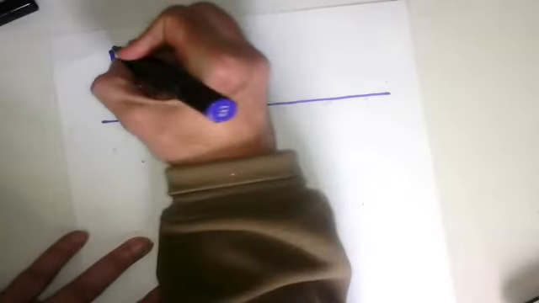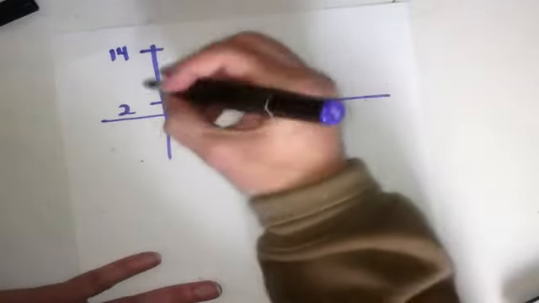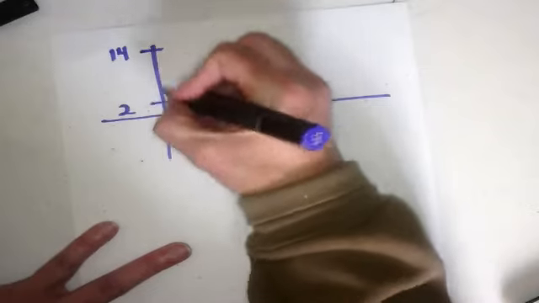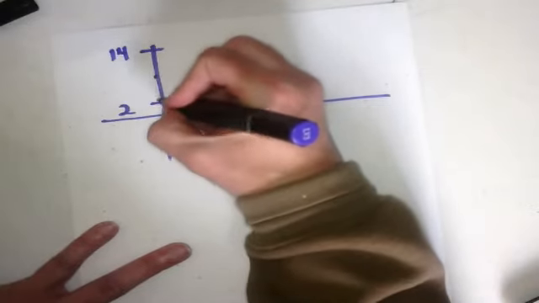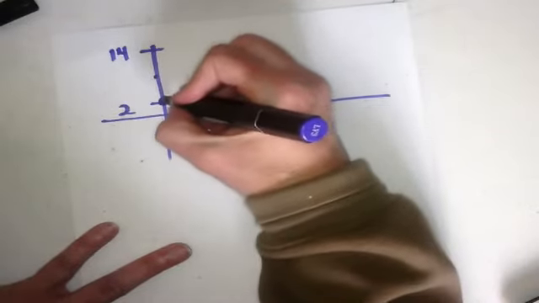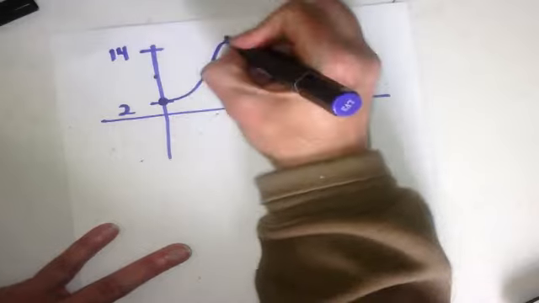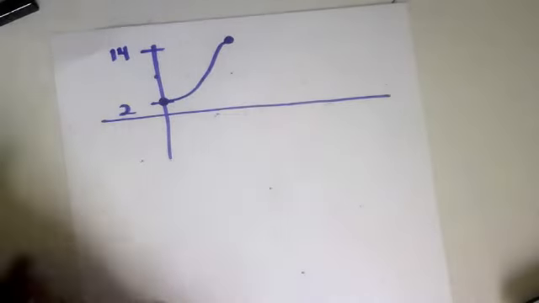So let's just say I have this, and I'm going to tell you this is 14, and this is 2, and I'm going to give you from here, nope, let's start here, and we're going to go to here. So here's how much I give you.